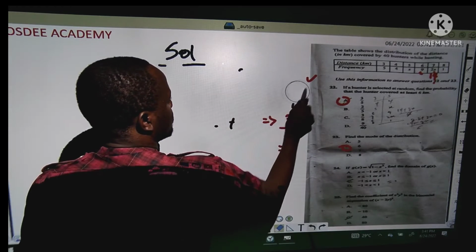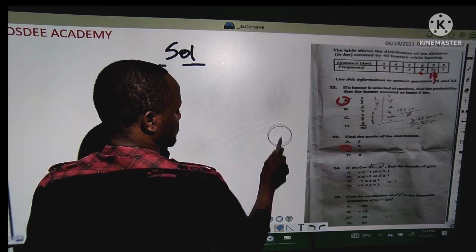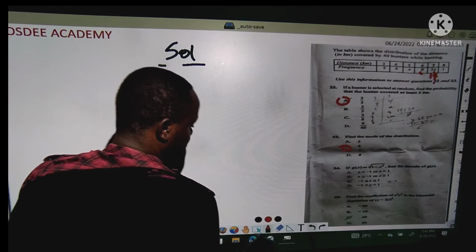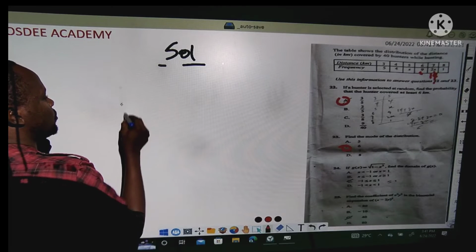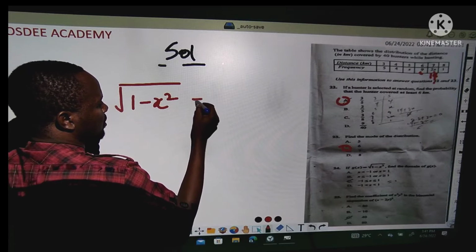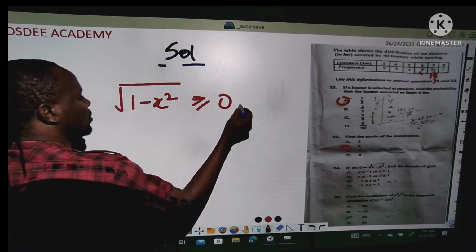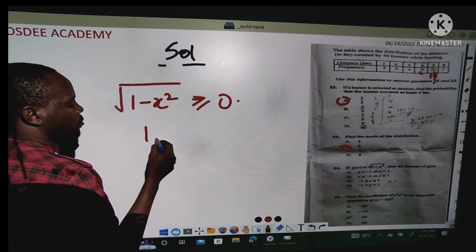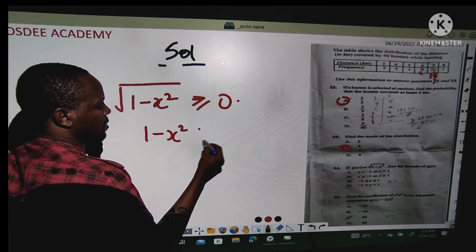I think that is also a simple question. So we just say, what is inside the square root? That's 1 minus x squared is greater than or equal to 0. That's the way we do it. So to remove the square root, we square both sides. You have 1 minus x squared is greater than or equal to 0.